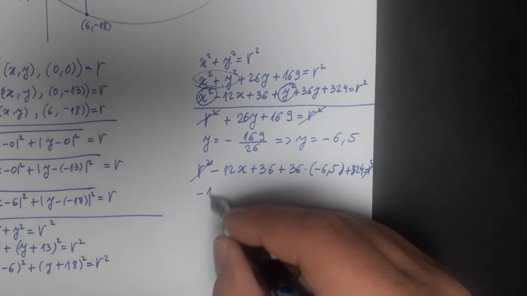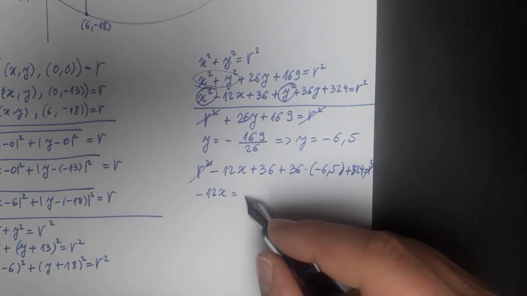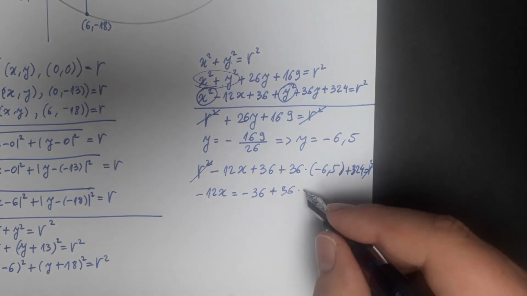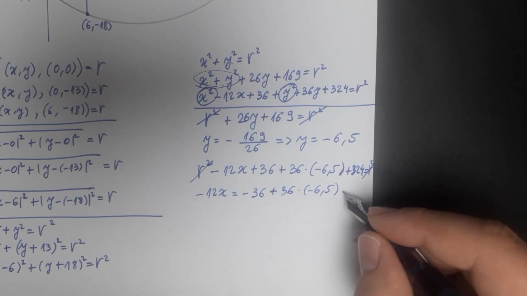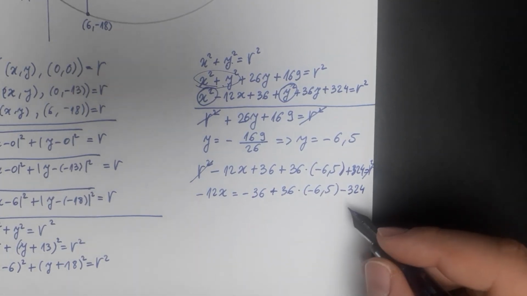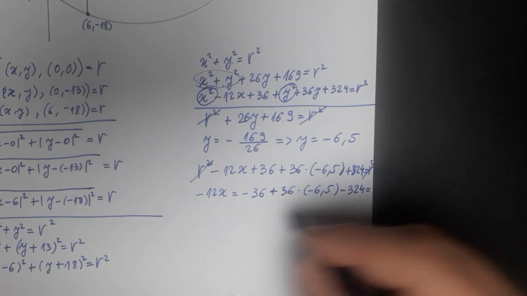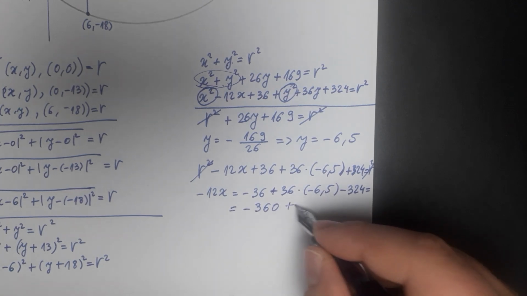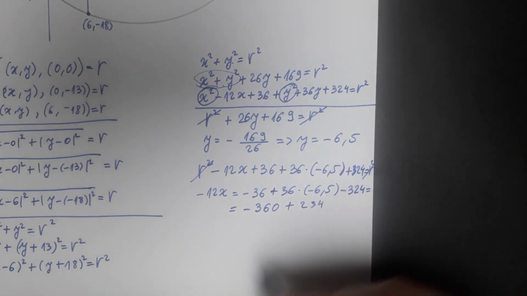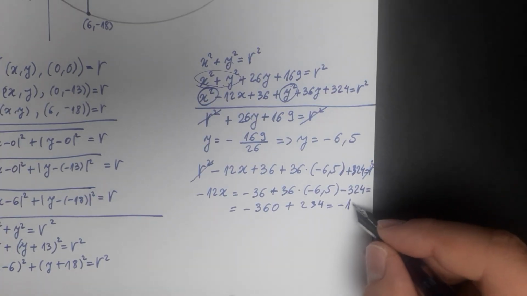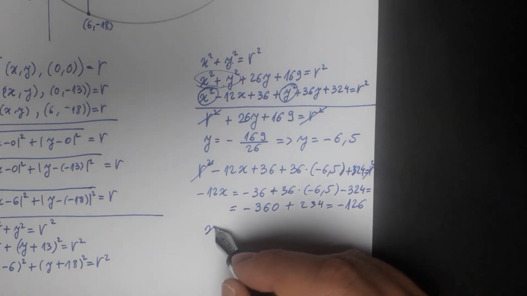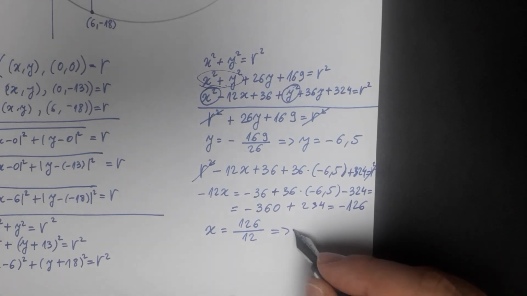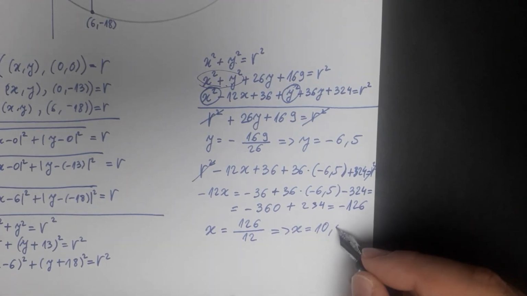We have that negative 12x is equal to negative 36 plus 36 multiplied by negative 6.5 and minus 324. That is going to be equal to negative 360 plus 234, which is equal to negative 126. So x is now equal to 126 over 12, and that means that x is equal to 10.5.